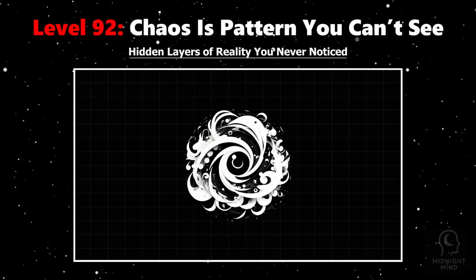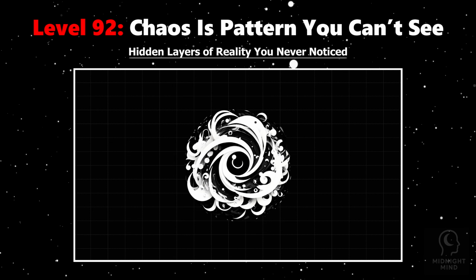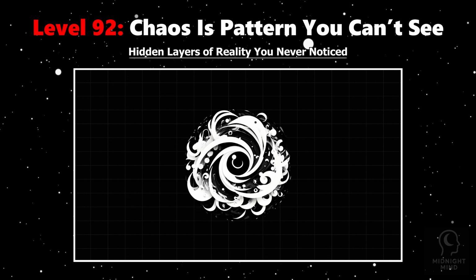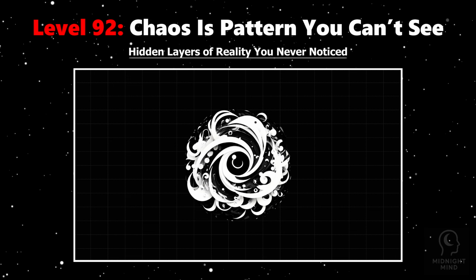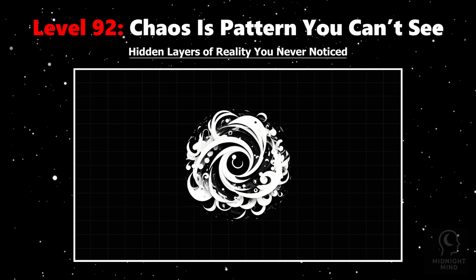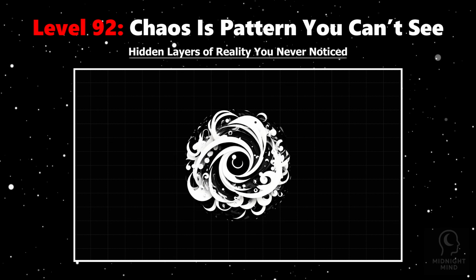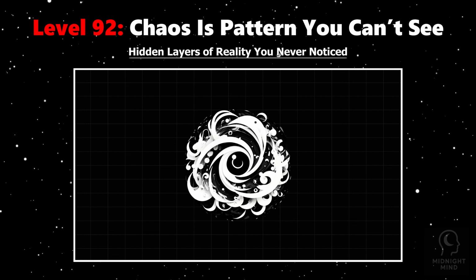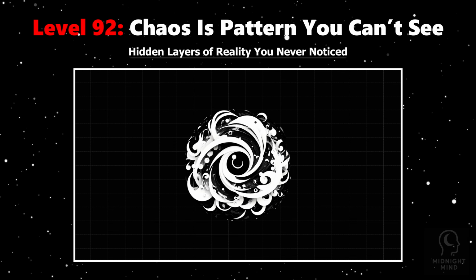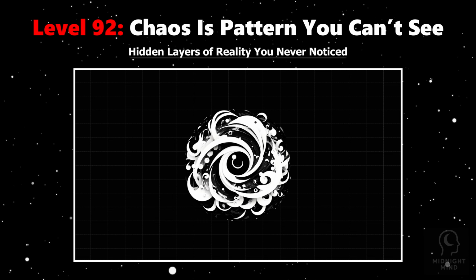Take fractals, for example, patterns repeating endlessly at different scales, seeming chaotic up close but perfectly ordered when viewed as a whole. In neuroscience, brain activity appears noisy and erratic at times, yet these fluctuations underpin the harmony of consciousness. Even in quantum physics, particles behave unpredictably, but within that randomness lies a fundamental order described by probability waves.